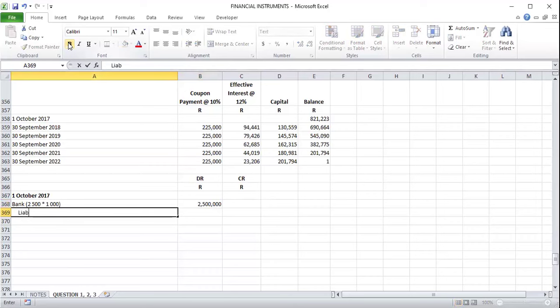Then we'll have our liability component of convertible debentures, this one here.